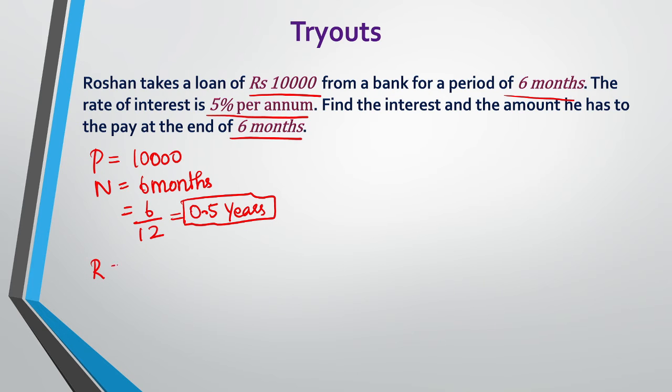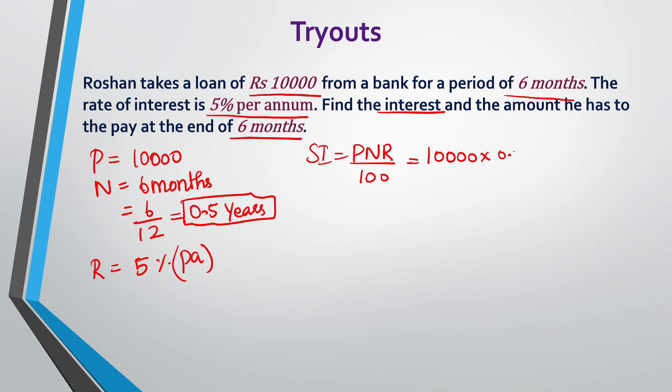And then R, which is equal to 5% per annum. According to our question, we have to find the interest, which is SI, is equal to PNR divided by 100. P is equal to 10,000 multiplied by 0.5 multiplied by 5 divided by 100, and the answer would be 250.